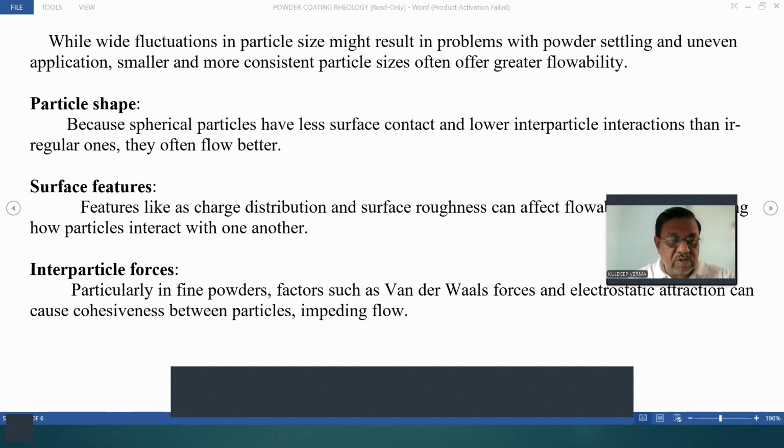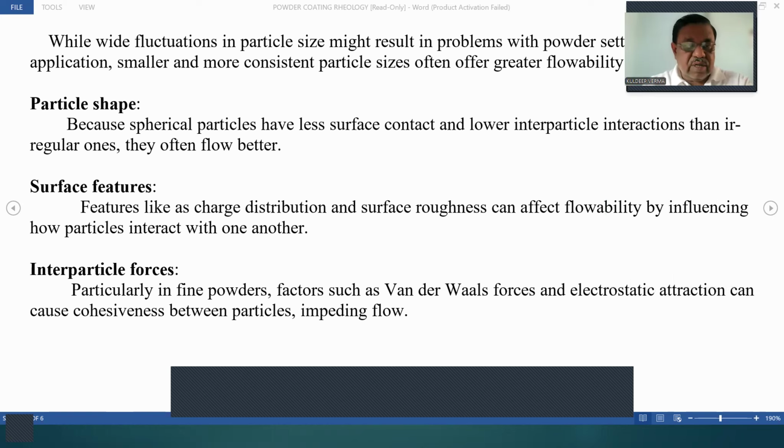Then particle shape, because spherical particles have less surface contact and lower interparticle interaction than irregular ones. They often flow better. Surface features like charge distribution and surface roughness can affect flowability by influencing how particles interact with each other.